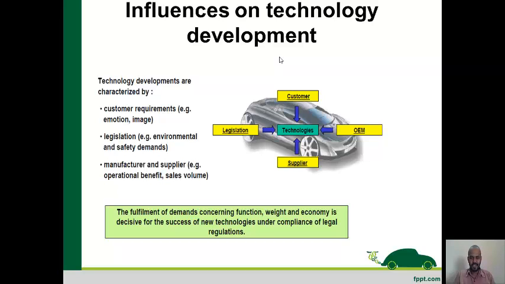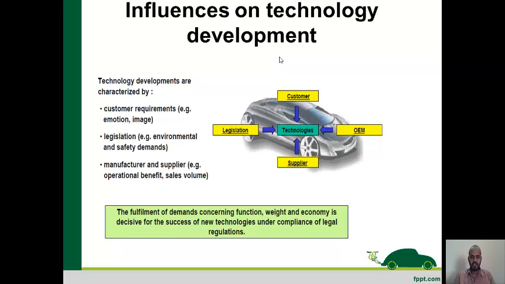These technologies have been demanded by different kinds of stakeholders. Primarily, the major reason electronics has been put into the engine nowadays is legislation, that is, emission norms.